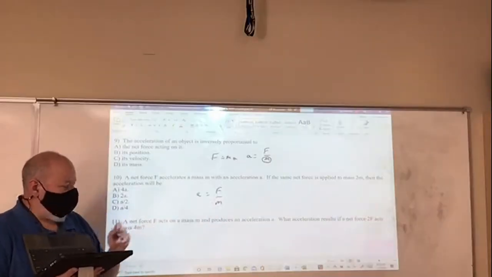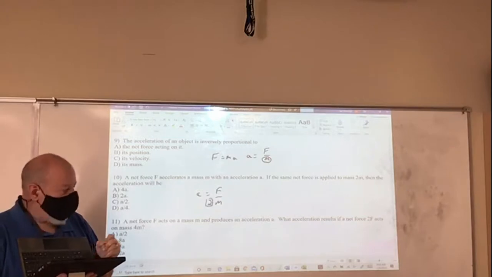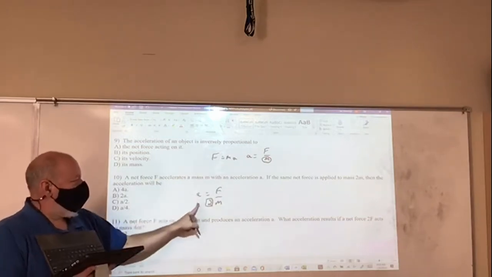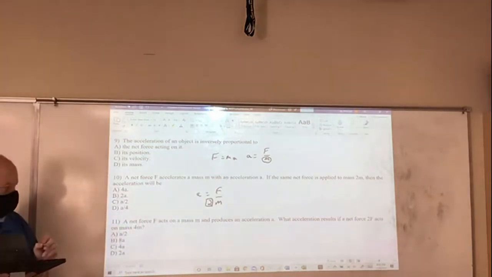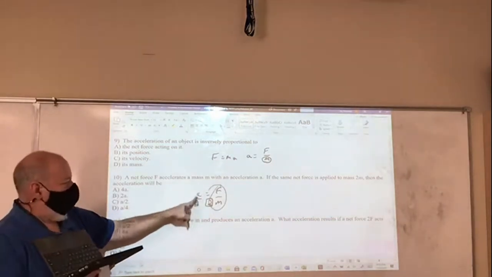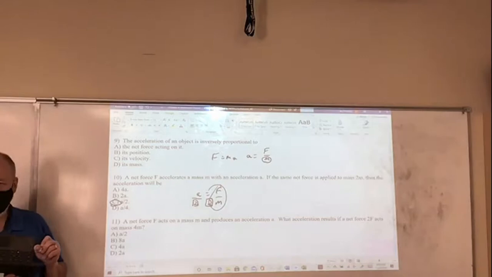I'm changing the mass here, right? What if I change mass to 2m? What do I do to the acceleration? It's going to be divided by 2, right? If I change the right side of the equation by dividing it by 2, I have to divide the left side of the equation by 2 as well. So if I double the mass, I halve the acceleration.